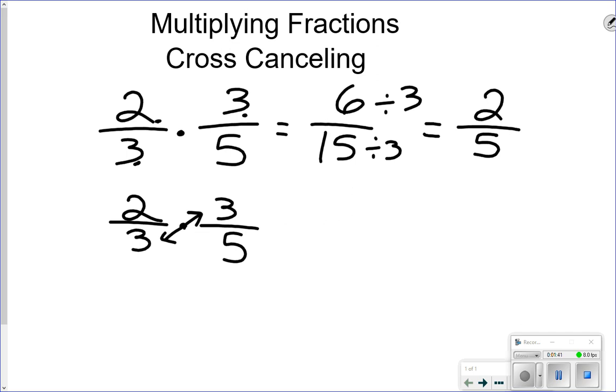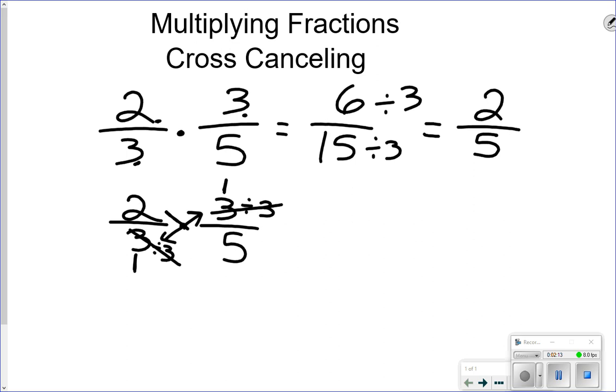If they have a similar factor you could divide out, you do that, and that's cross-canceling. So 3 and 3 are both obviously divisible by 3, so we divide both of them by 3. We replace that 3 with the answer, which is 1, and we replace this one with 3 divided by 3, which is 1.